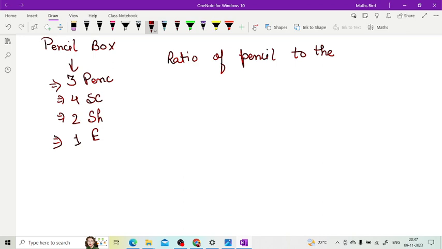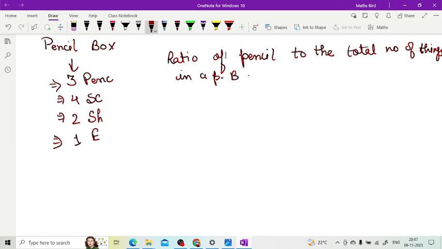Because I'm saying, find the ratio of the number of pencil to the total number of items in the pencil box.